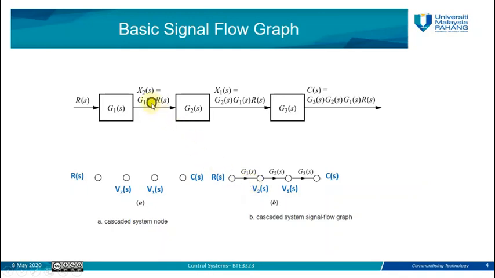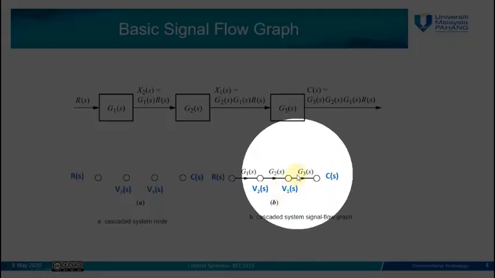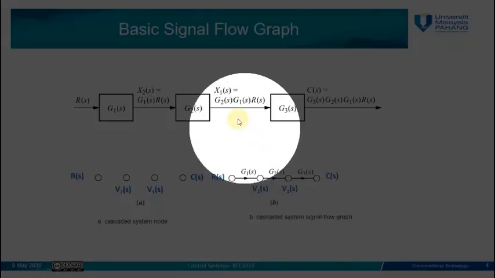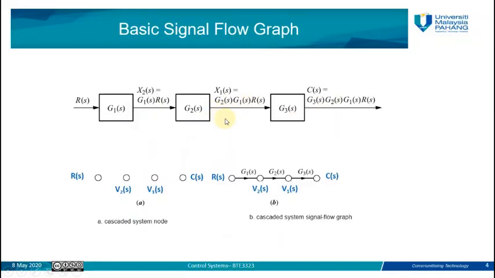Then between this node and the next node, after the subsystem G2, the gain will be G2. Then from this node to the output, we have another subsystem transfer function, which is G3. So here we have 3 branches and 4 nodes. This is the signal flow graph representation of the above cascade system.